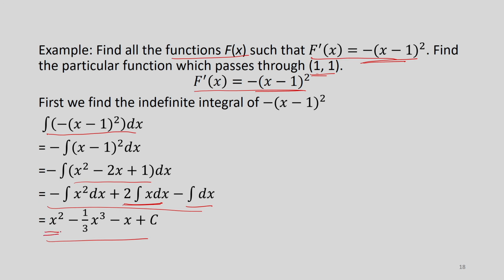So, I am writing this as the first term, and then I am writing the integration of this as the second term. This will be x cube divided by 3, and integration of 1 is just x plus the constant of integration. So, this is the indefinite integral that we have found.